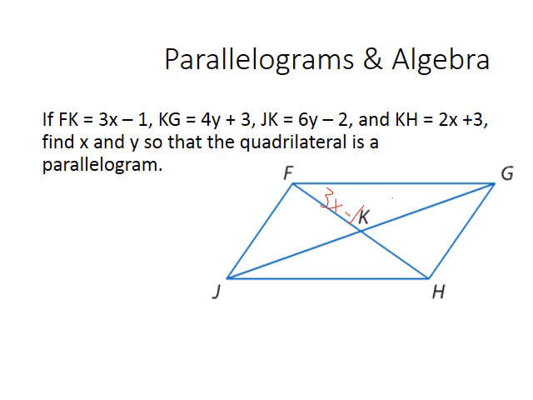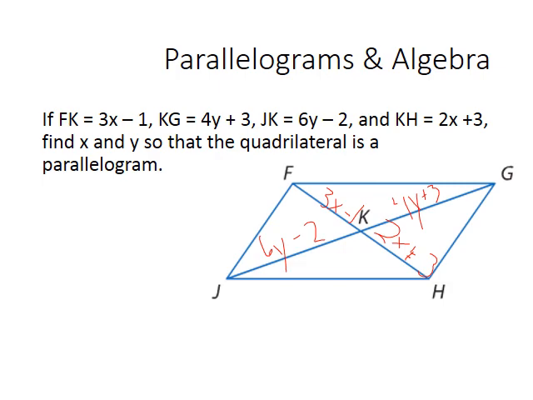KG is 4y plus 3. JK is 6y minus 2. And KH is 2x plus 3. Alright, find x and y so that the quadrilateral is a parallelogram.